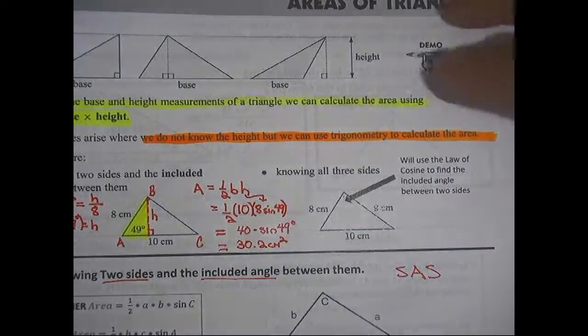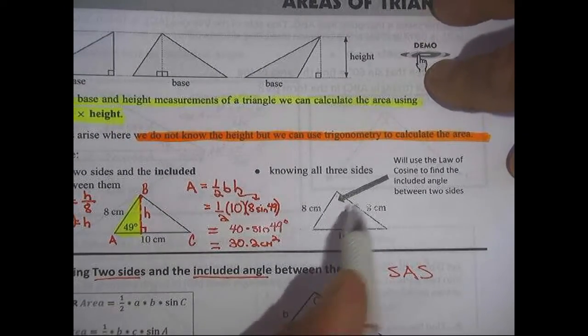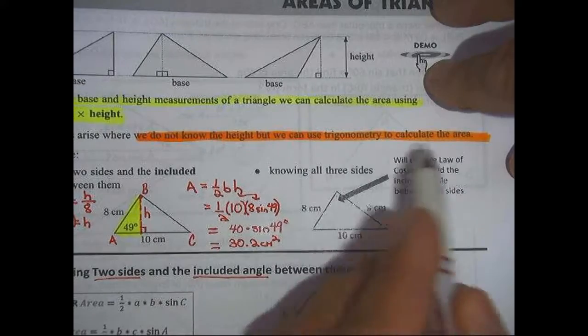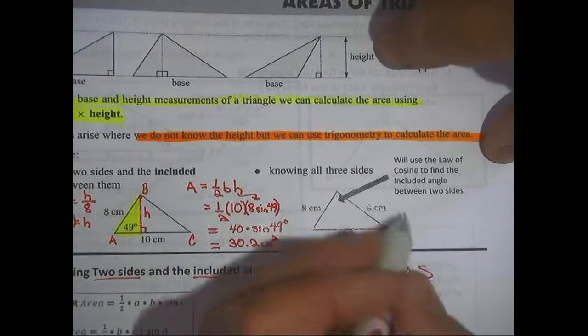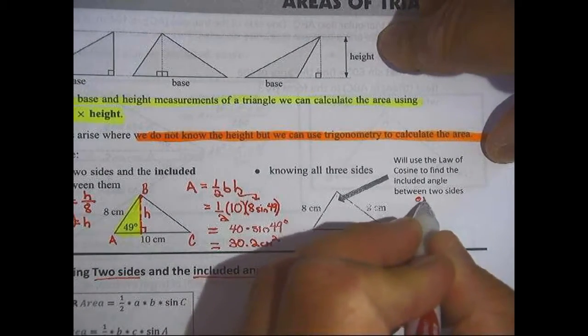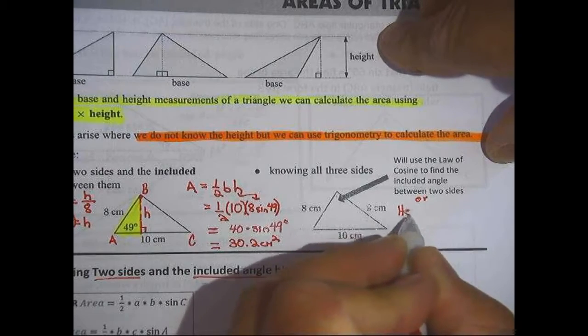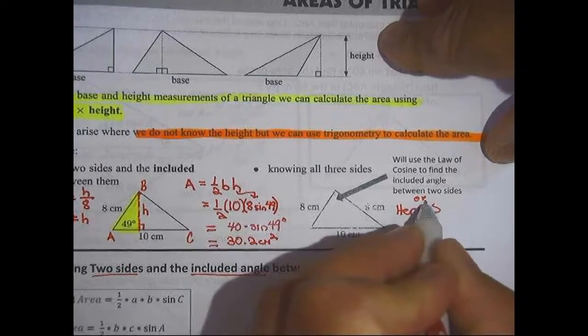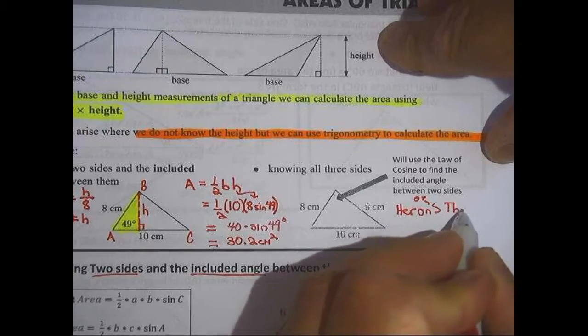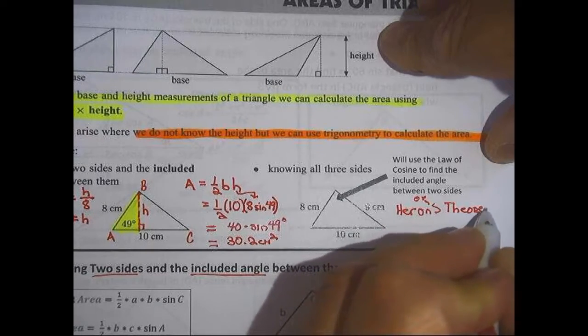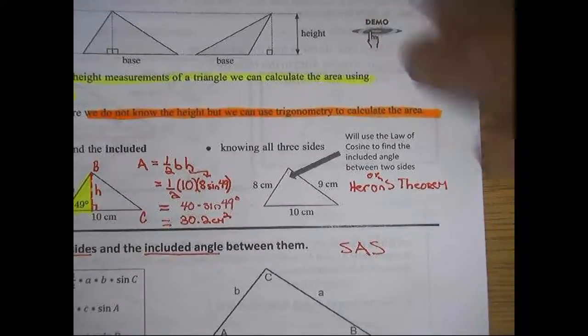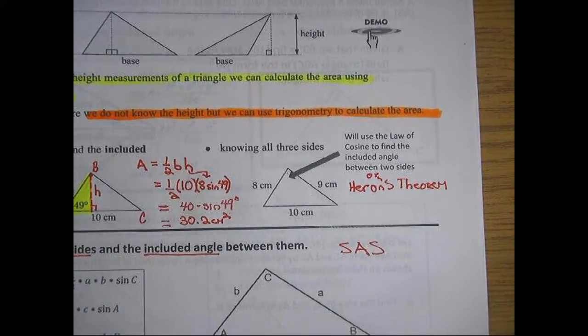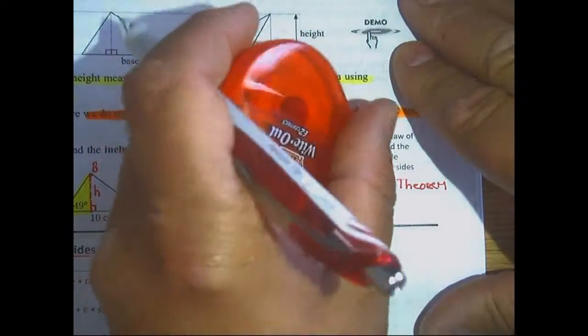Okay, now there is a way to get the area of this though without using the law of cosines. It's called Heron's theorem. And you can use Heron's theorem when you know 3 sides of a triangle.